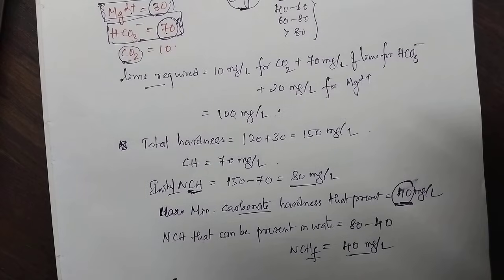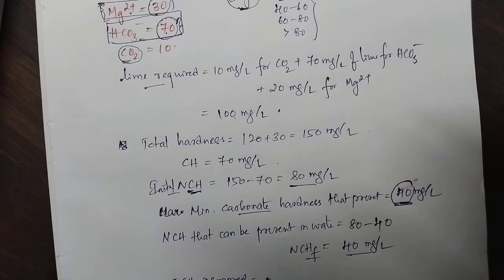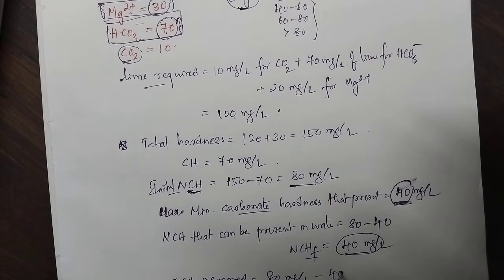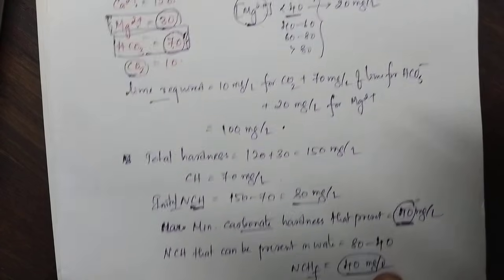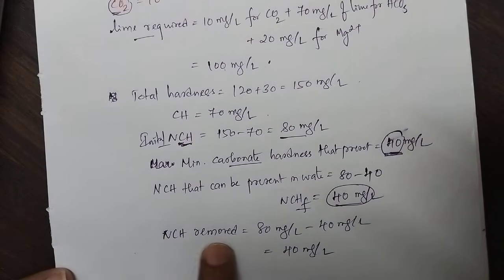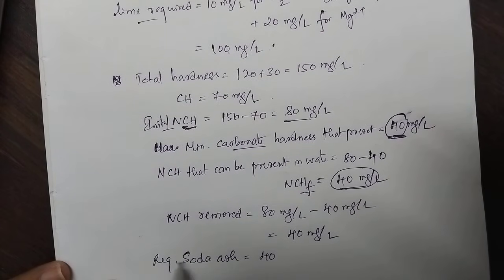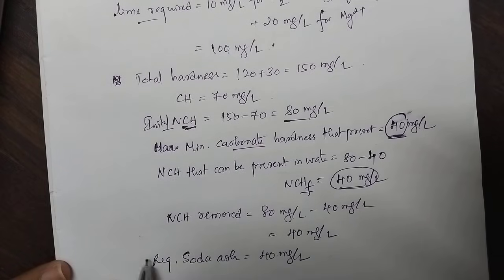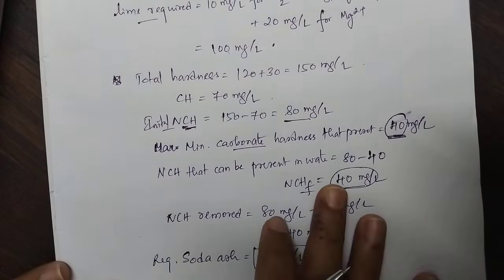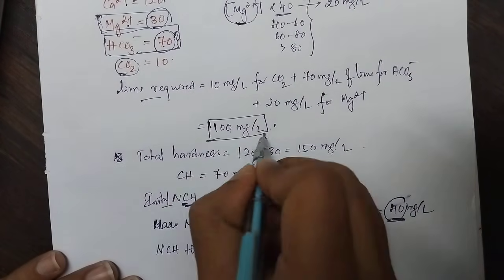So the non-carbonate hardness removed is initially 80 minus the final 40, which is 40 milligram per liter. The amount of soda ash required equals the non-carbonate hardness to be removed, so soda ash would be 40 milligram per liter. So this is the required soda ash and this is the required lime.